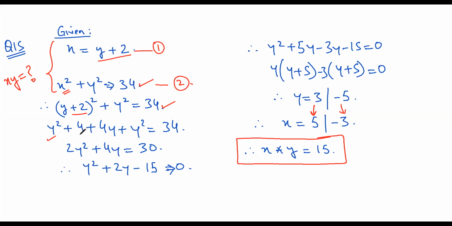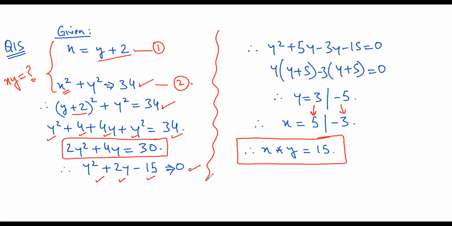This is y square plus 4 plus 4y plus y square is equal to 34. This becomes a quadratic equation, from which I can take 2 common on both sides, and that is why I have written this as y square plus 2y minus 15 is equal to 0. Any doubt, Mr. Rudra? No, sir.